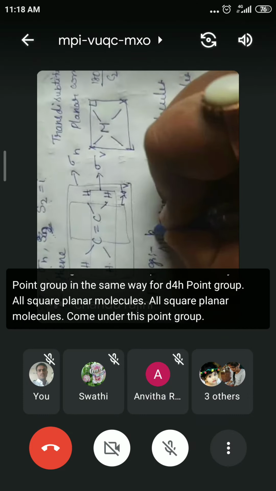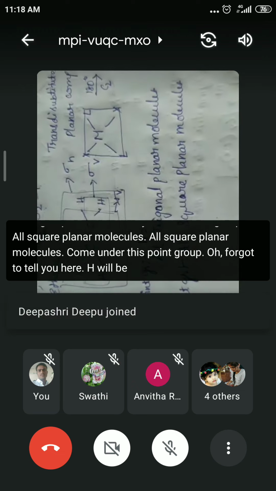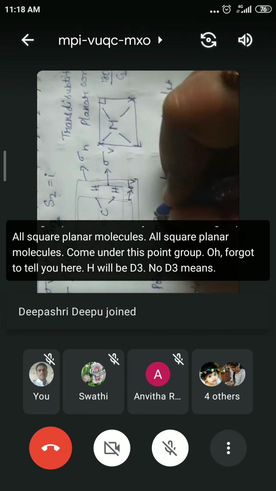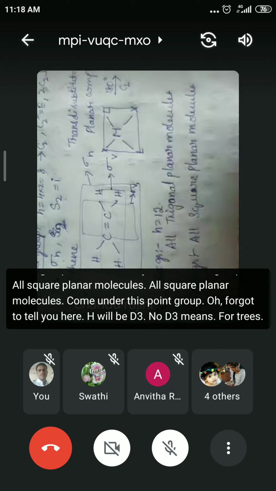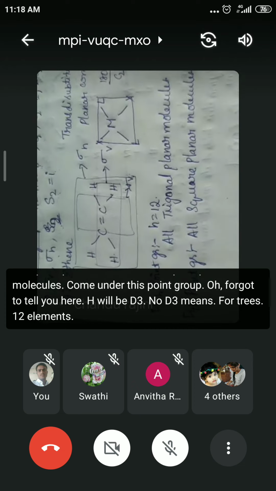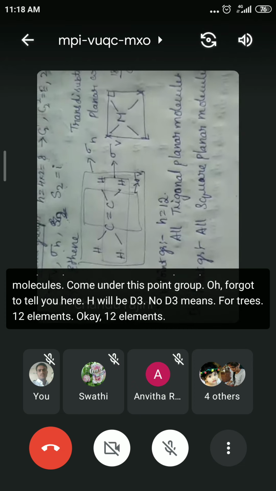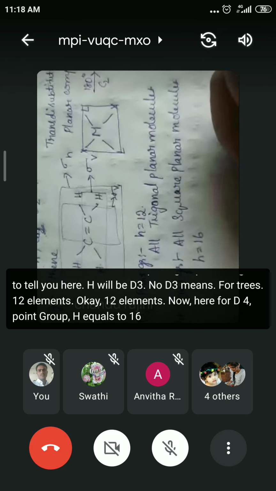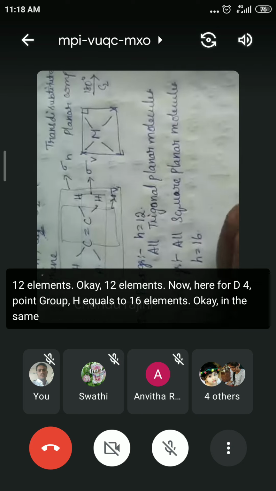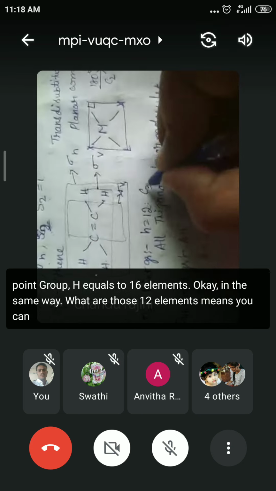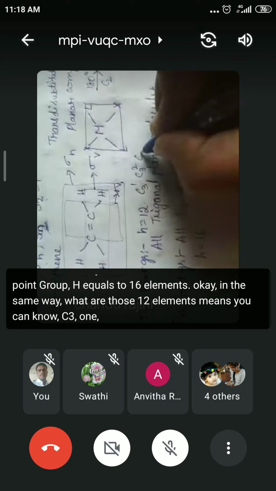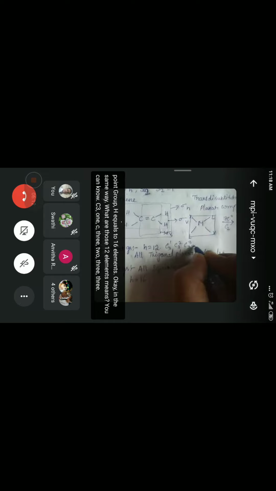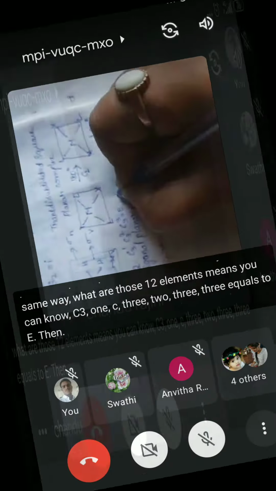Oh, I forgot to tell you. Here h will be D3, no? D3 means 4 threes, 12 elements. Now for the D4 point group, h equals 16 elements. What are those 12 elements? C3^1, C3^2, C3^3, and C3^3 equals E. Then how many? 3 vertical planes.